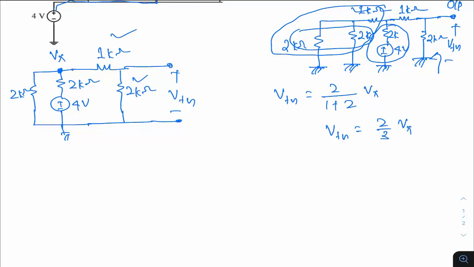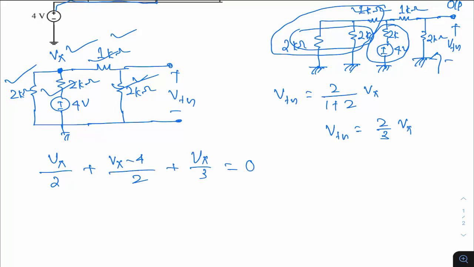Getting the value of Vx is not a challenging task. If I write the nodal equation at this node: Vx by 2 for this segment, plus Vx minus 4 by 2 for this segment, plus Vx by 3 for this segment, is equal to 0. This is a single equation in terms of Vx.